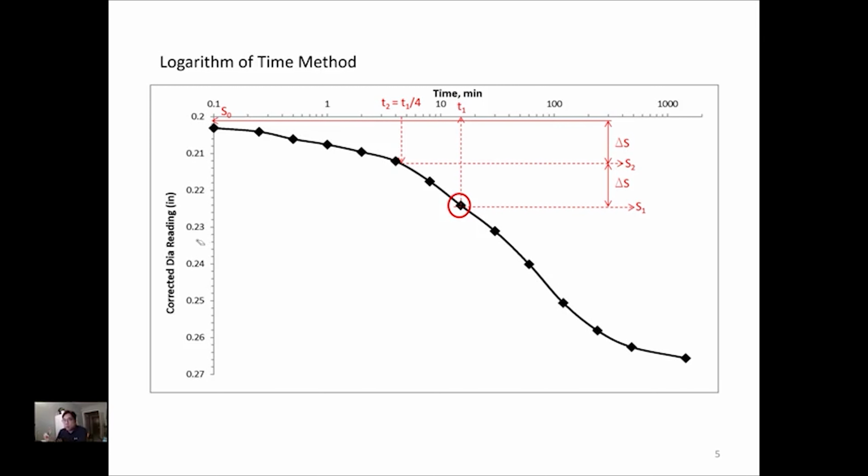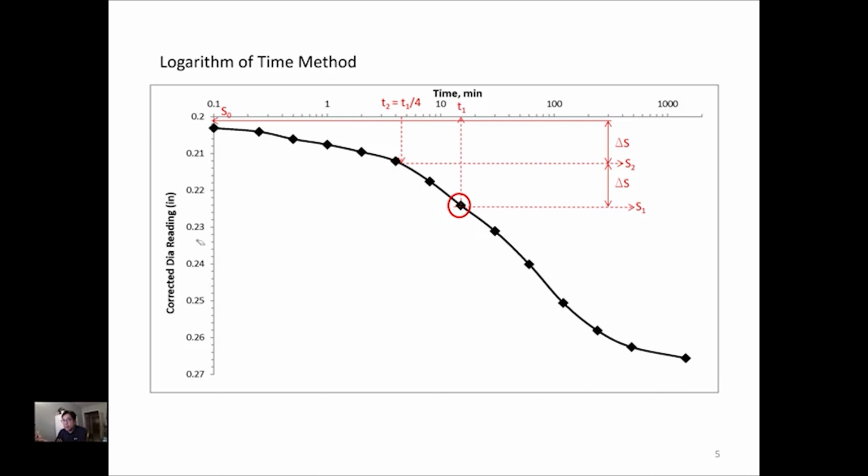Again, whenever we increase the loading, the consolidation process is re-initiated, and every time we have a new set of water being pushed out, so this S0 will restart again if we increase the loading to another stress level.